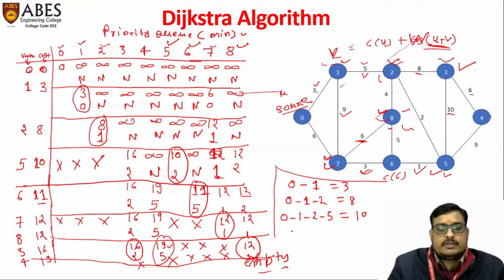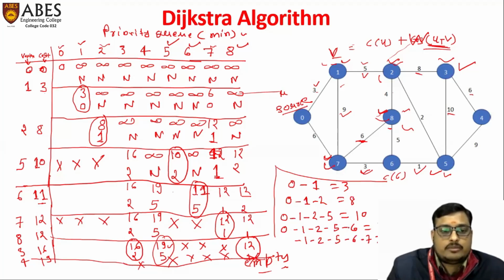Now for 6 we have 0, 1, 2, 5 and 6, that is 11. And for 7 we can reach from 0, 1, 2, 5, 6 and 7. It will become 12.